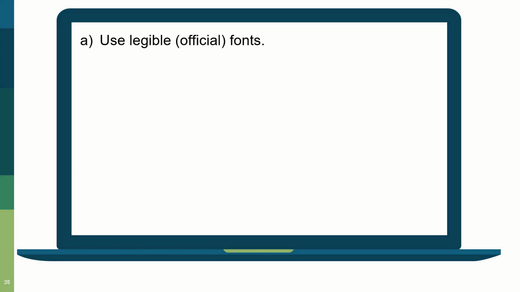Number one, use legible fonts. If you don't understand what fonts are, in a layman's way, I would say that fonts are basically the handwriting. Use a font that is quite clear, well understood, and clearly seen.